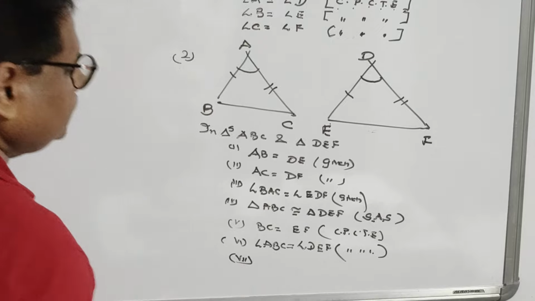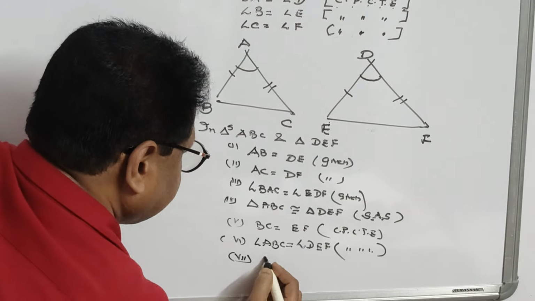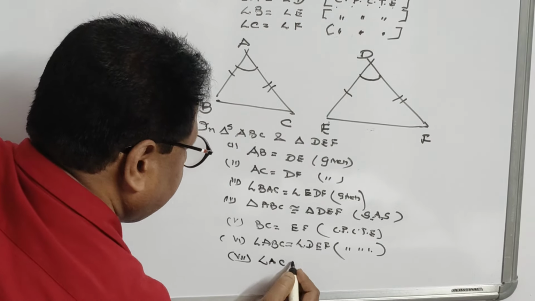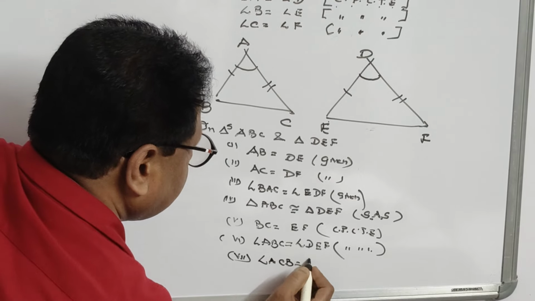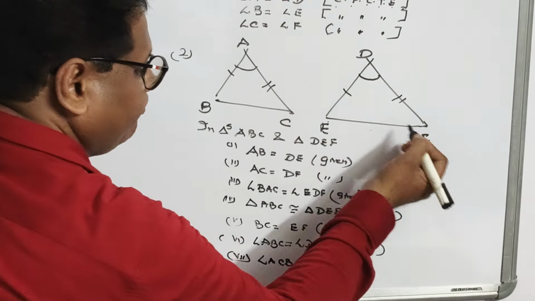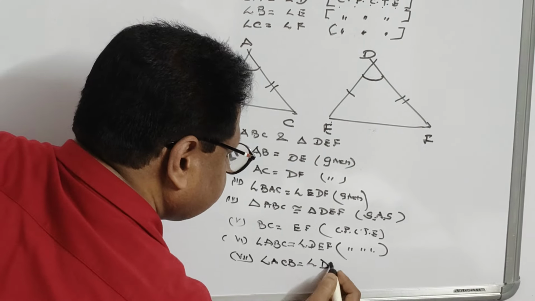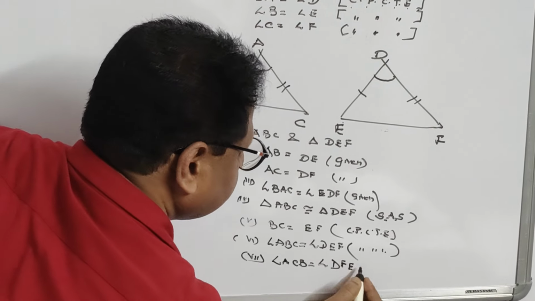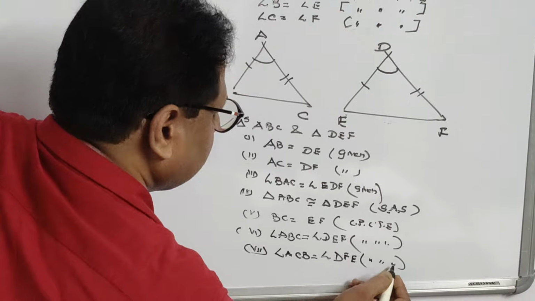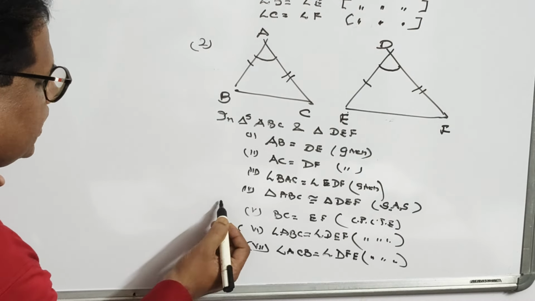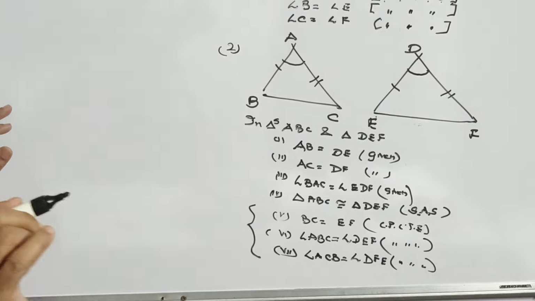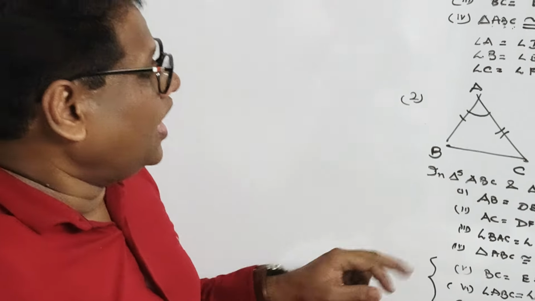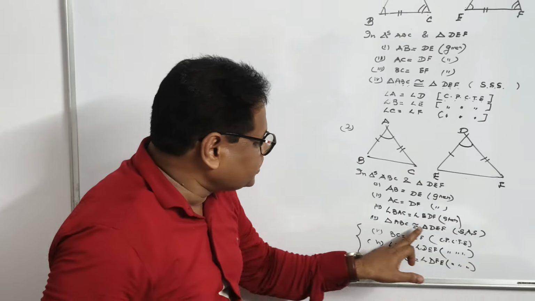Then angle C, that means angle ACB equals angle DFE. Same reason. So these are the possible questions you might be asked in congruent triangles after proving congruency, that is the fourth step.